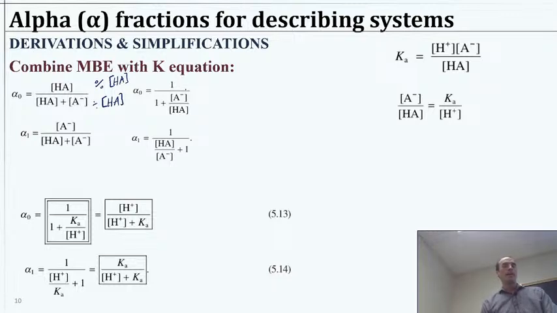And now it might make sense where this piece is a ratio of one to the other. It's A minus divided by HA. It's not the fraction, but it is kind of close, right? If I gave you a few pieces of chalk, and some of them are colored, and I have a colored to non-colored chalk ratio of 2 to 3, there's two white ones to 3 colored ones.